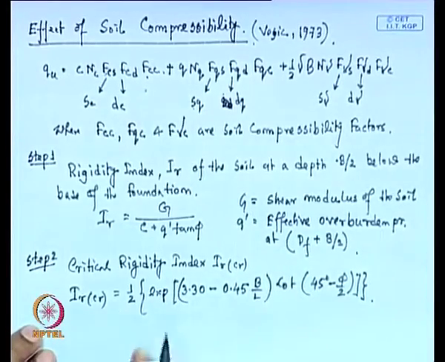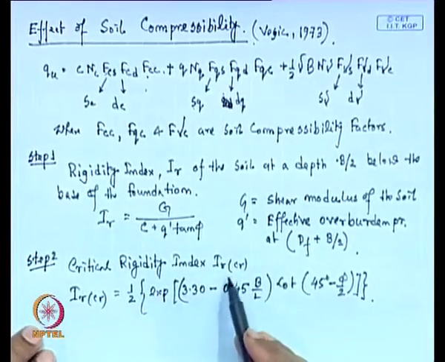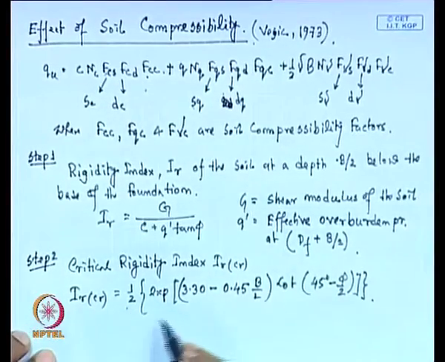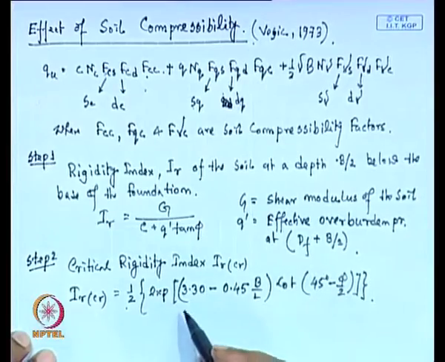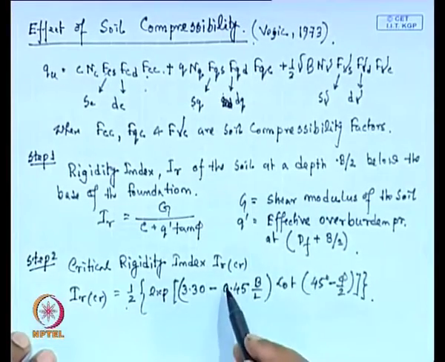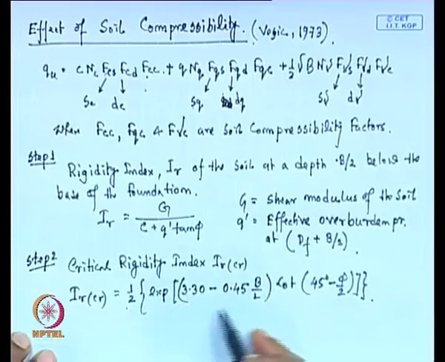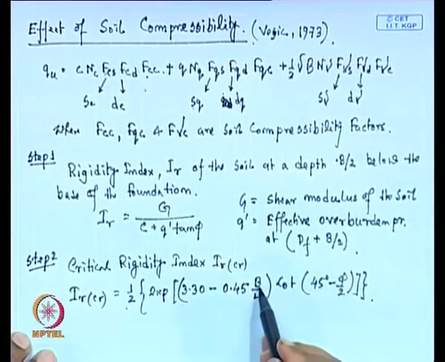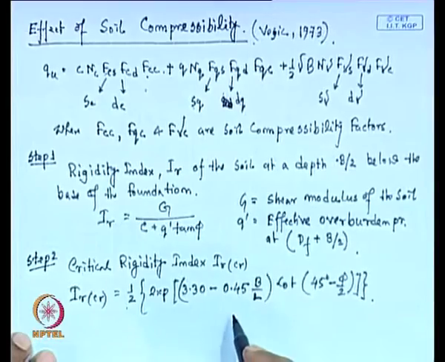So, by using this expression we can determine the critical rigidity index of the soil for any phi and B by L condition, where B is the width of the foundation and L is the length of the foundation.